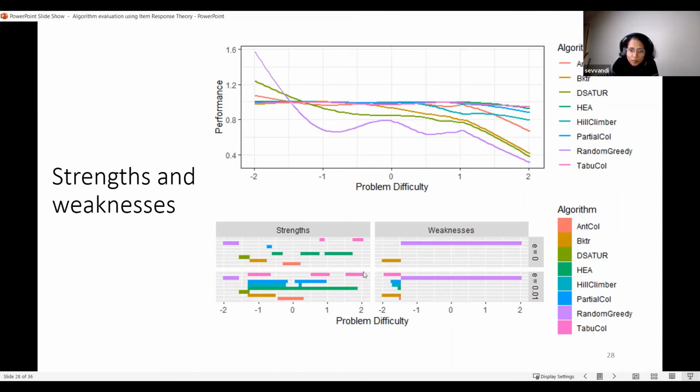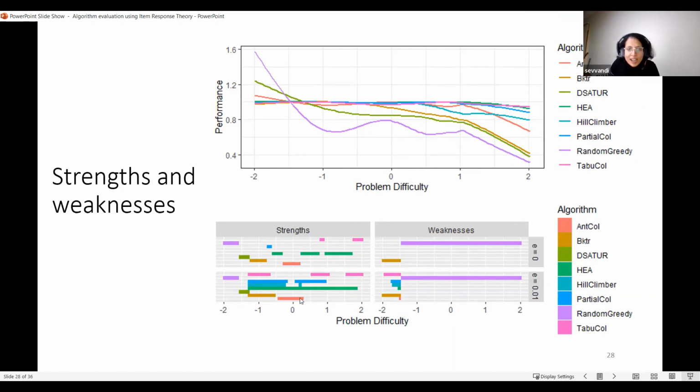But when you get more to this side, for the difficult graphs, from 1 to 2, even though we can't really see it, we have the green algorithm, and then the pink one, which is typical. So you see, for difficult problems, HEA and typical are doing well, but for kind of easy problems, you have a lot of algorithms that can do well.